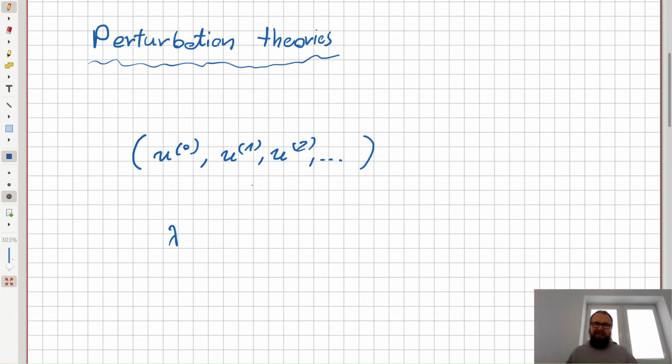So this lambda parameter is the strength of perturbation. It's typically assumed that it is small, something less than 1 at least, so that a higher power of lambda is smaller than a lower power of lambda.